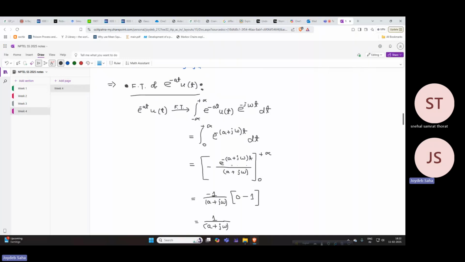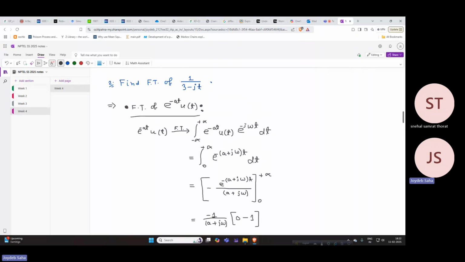Hope it is clear. So why are we doing this? Although the question is to find the Fourier transform of 1 upon (3 minus jt), we are finding the Fourier transform of e to the power minus at u(t). Why?